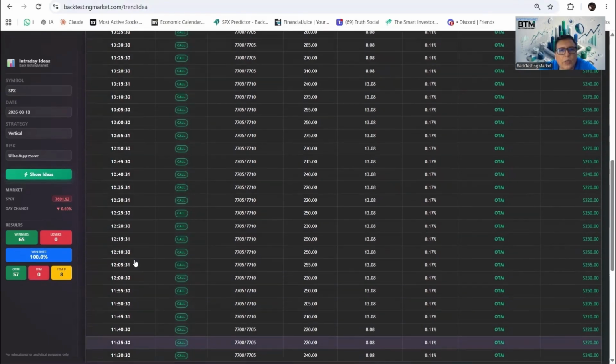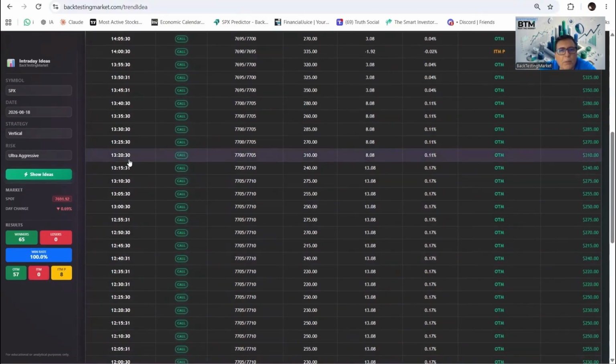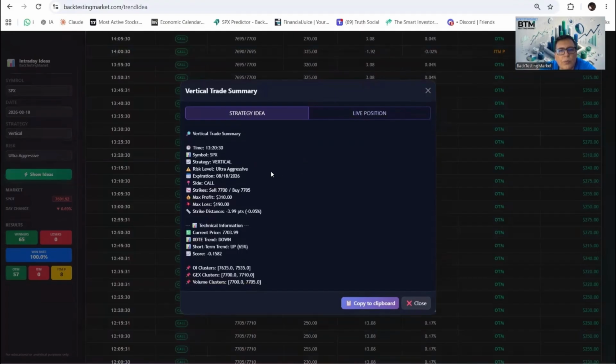As soon as the 120 shows up, I press here and it shows me what I have to analyze: sell 7,700, buy 7,705. This is an ultra aggressive vertical call credit spread.